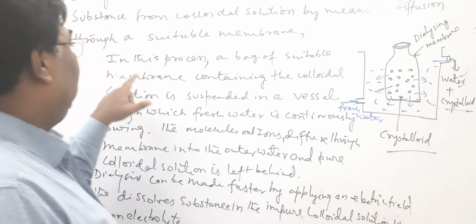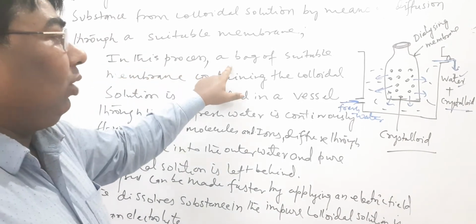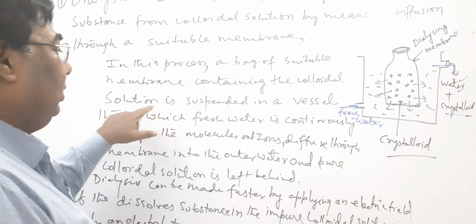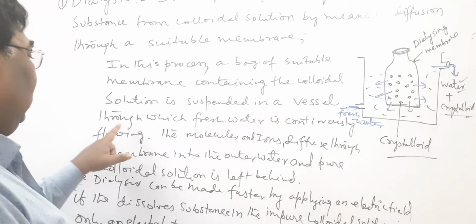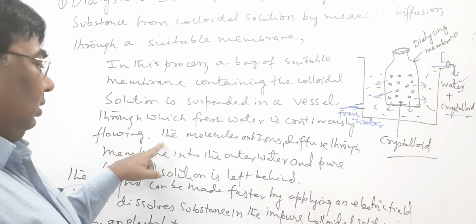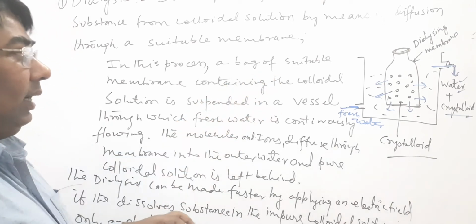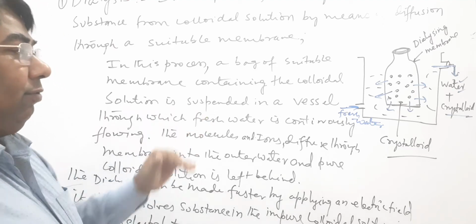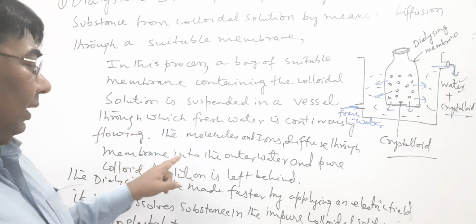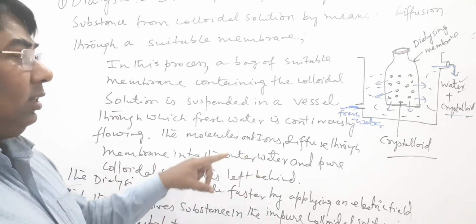Understand? Once again, what happens during the dialysis process? In this process, a bag of suitable membrane, as all of you have seen, containing the colloidal solution is suspended in a vessel through which fresh water is continuously flowing. The molecules and the ions diffuse out from the dialyzing membrane and mix into the outer fresh water, and pure colloidal solution is left behind.